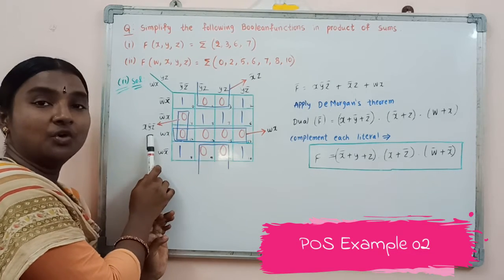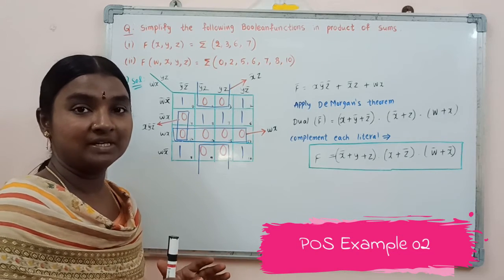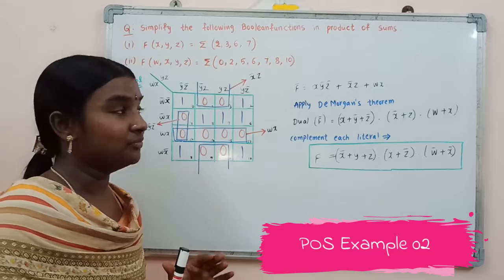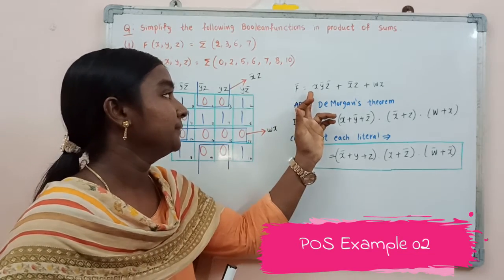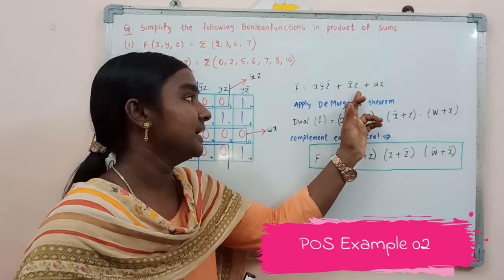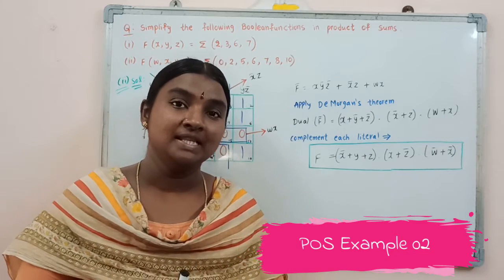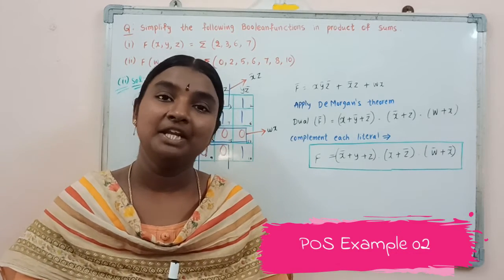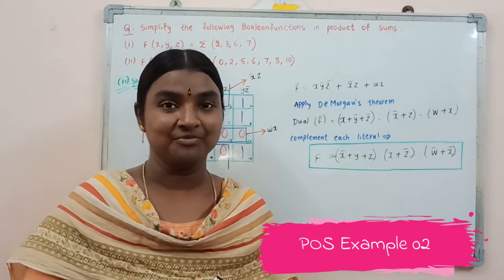Now by grouping the adjacent zeros, we are going to find the function f complement, which is equal to X and Y bar and Z bar plus X bar and Z plus W and X. Now for this function f complement, we need to apply De Morgan's theorem to find the product of sum form.